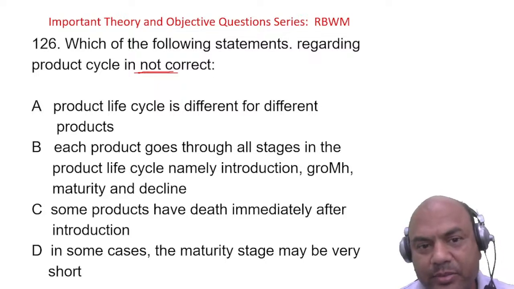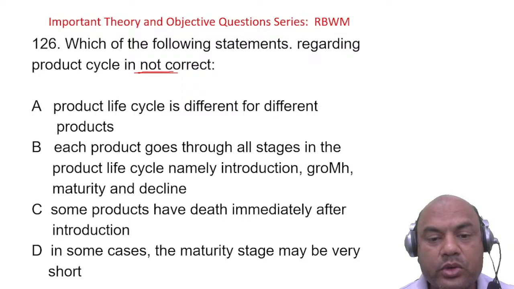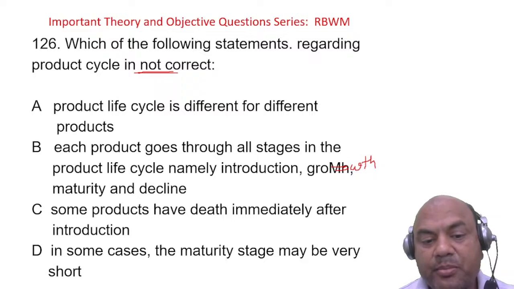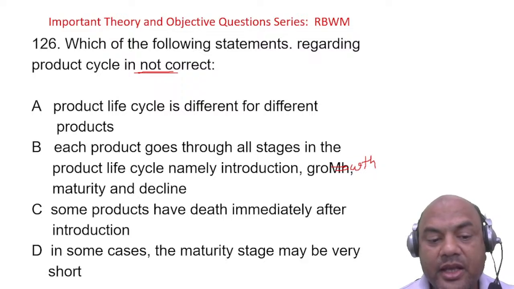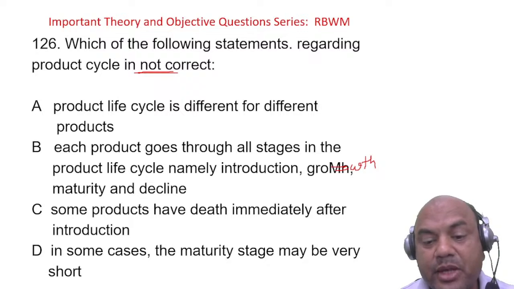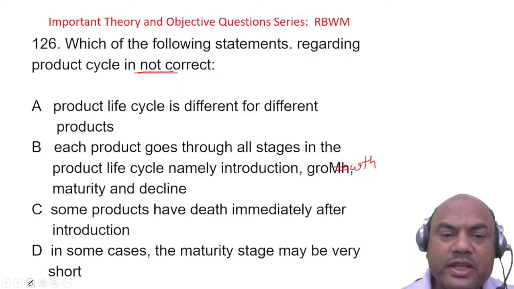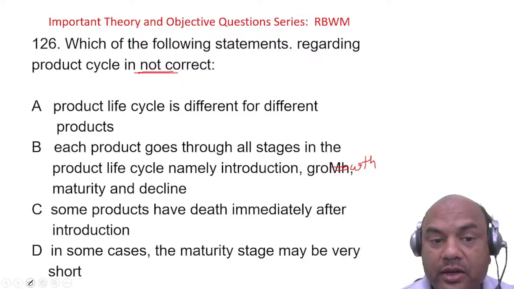Each product goes through all the stages in the product life cycle, namely introduction, growth, maturity and decline. Some products have death immediately after the introduction. In some cases, the maturity stage may be very short. So which one is not correct? Let's look at them one by one.